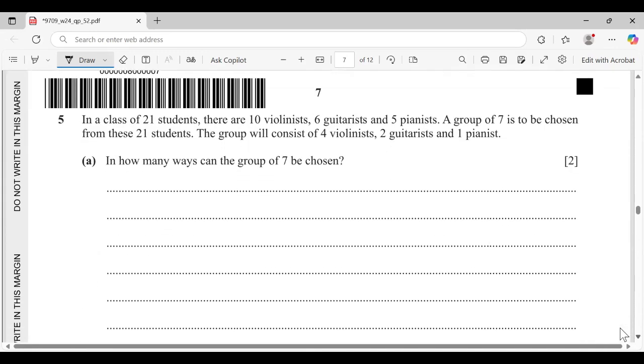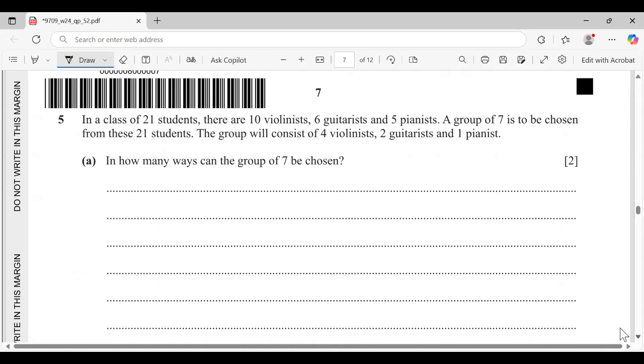Number 5. In a class of 21 students, there are 10 violinists, 6 guitarists, and 5 pianists. A group of 7 is to be chosen from the 21 students. The group will consist of 4 violinists, 2 guitarists, and 1 pianist.